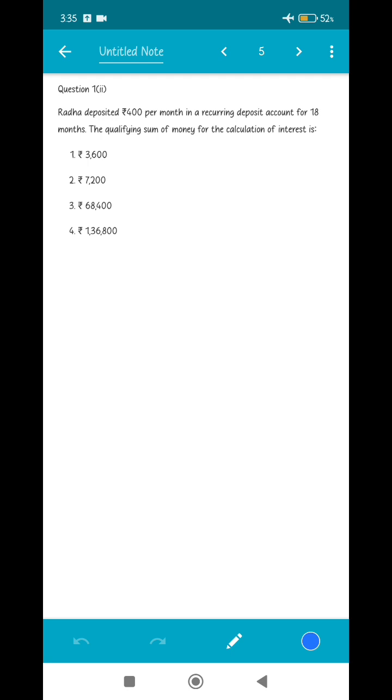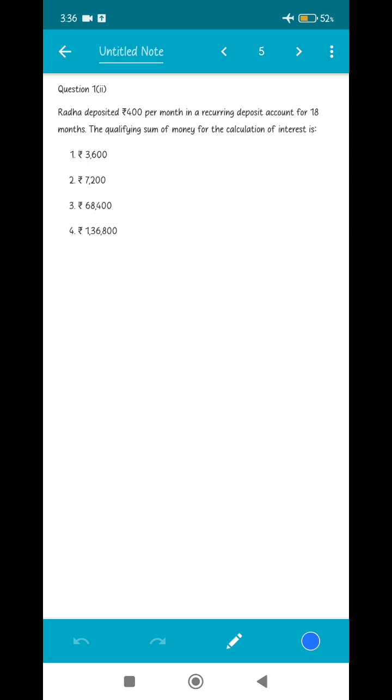Next, Radha deposited rupees 400 per month in a recurring deposit account for 18 months. The qualifying sum of money for the calculation of interest is. So the qualifying sum of money is the total money that the person is giving each month, the overall sum of money which the person has invested in a recurring deposit.